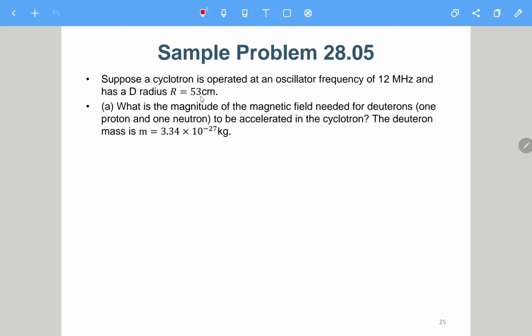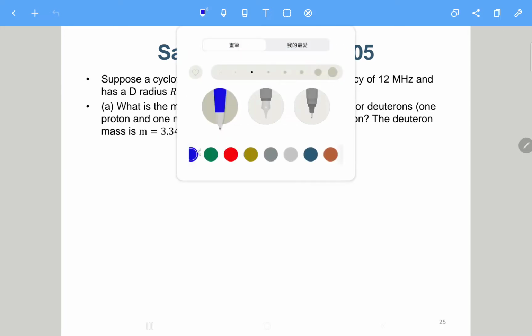Okay, so it asks what is the magnitude of the B field.